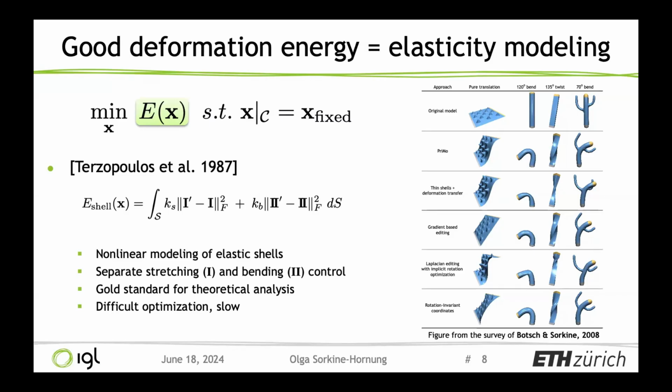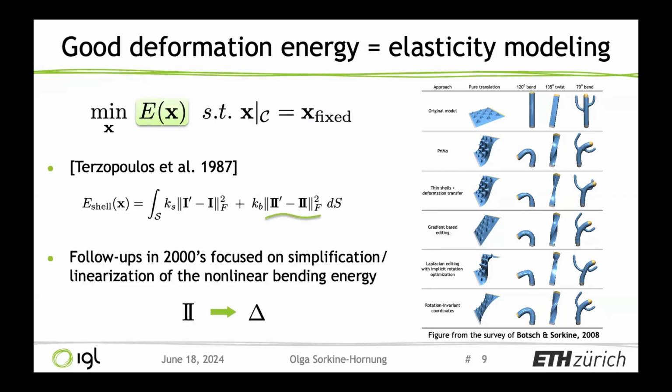The problem is that this is an extremely, we say, highly nonlinear energy. It's very difficult to optimize it. It would be super slow to do it in real time. So in practice, it's not really used outside of simulation and theoretical analysis of deformations.